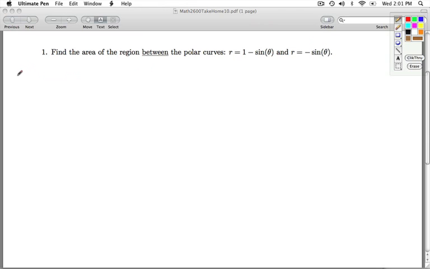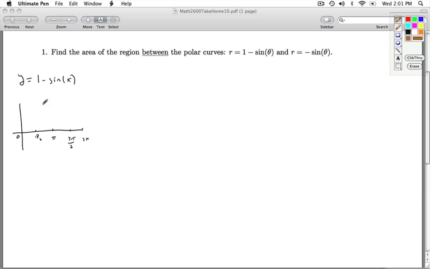So I'm going to look at the corresponding rectangular curves, y equals 1 minus sine x. I haven't messed around inside with the x at all, so I still have my standard quarter marks of 0, pi over 2, pi, 3 pi over 2, and 2 pi.